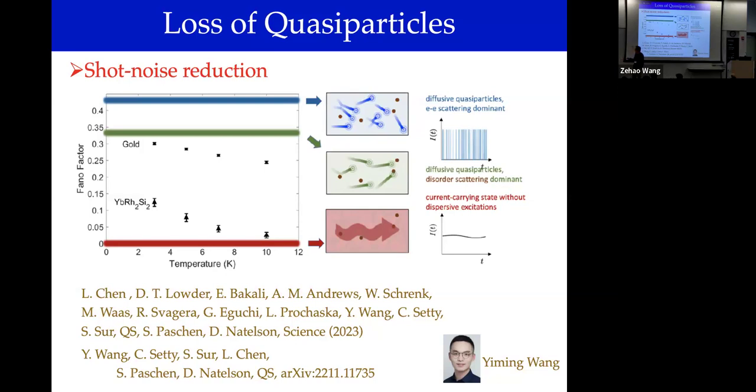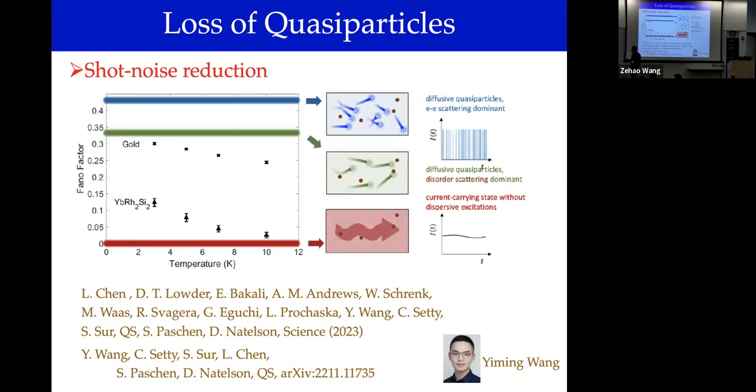The experiment shows that the Fano ratio, which is the noise divided by the average current, normalized appropriately, instead of being square root 3/4, which would be a strongly correlated diffusive metal, a prediction first made by Yiming Wang, a student here who's in the audience, and instead of being 1/3, which would be the weakly correlated Fermi gas-like system in the diffusive regime, is substantially smaller.